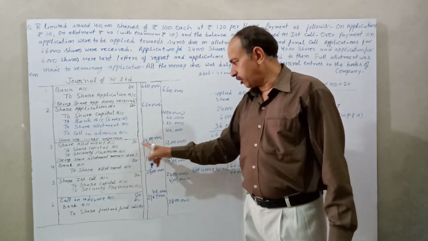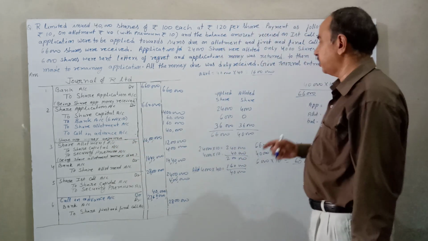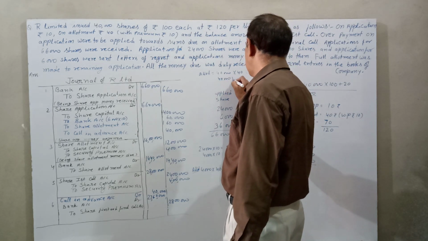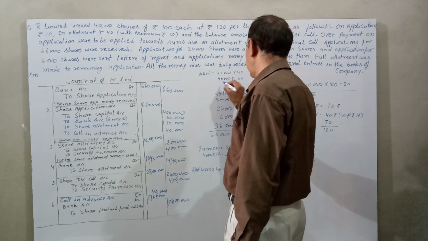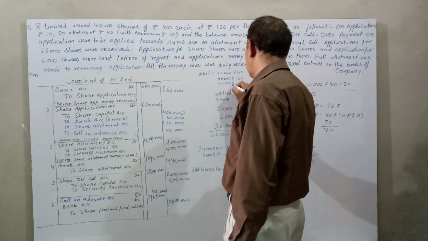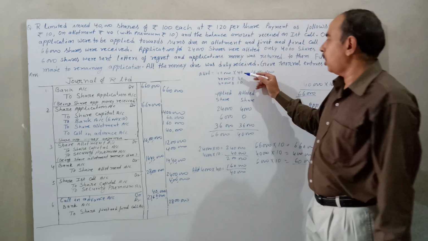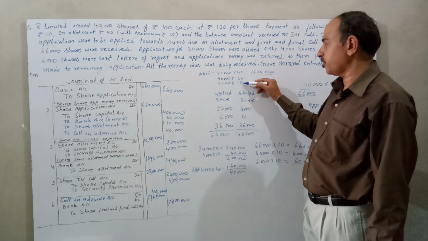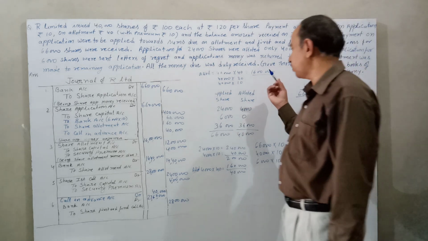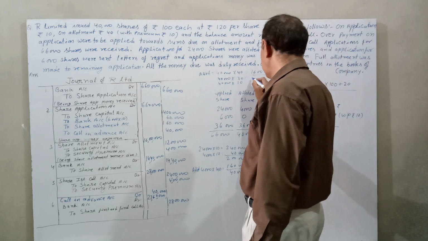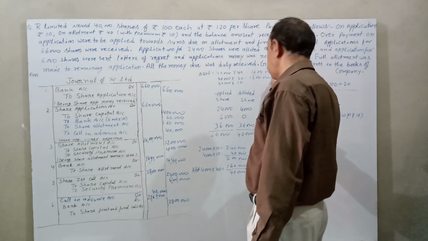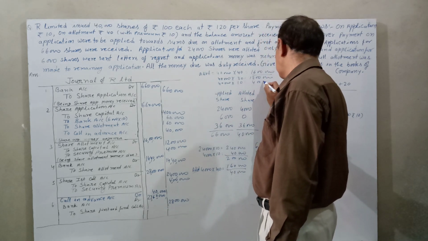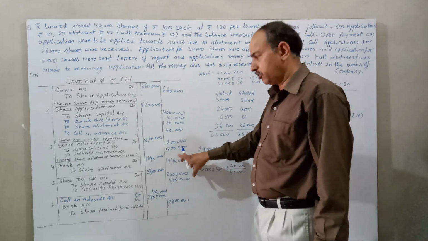So share allotment account debit 16 lakh, and share capital 40,000 multiplied by 30 and 40,000 multiplied by 10. Out of 40, 30 rupees is capital and 10 rupees is premium. So we multiply 40,000 by 30, 12 lakh rupees of capital and 4 lakh rupees is security premium.